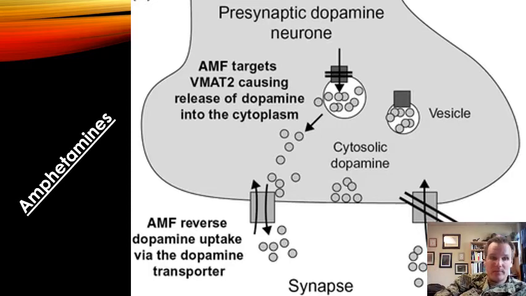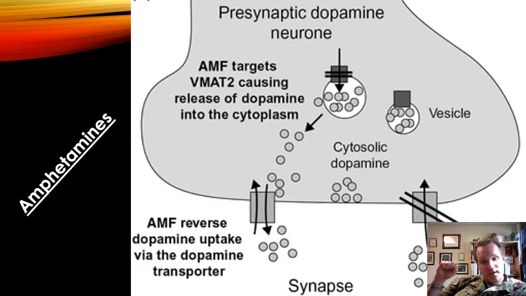The amphetamine's presence inside the presynaptic nerve terminal and also inside the vesicle can change the concentration gradients of dopamine in the presynaptic nerve and in the synapse itself, and can actually reverse the direction of the dopamine transporter, so that you're actually getting more dopamine coming out of the dopamine transporter.